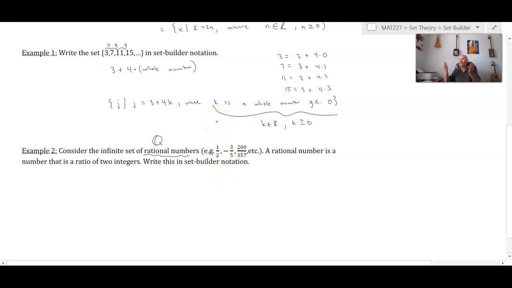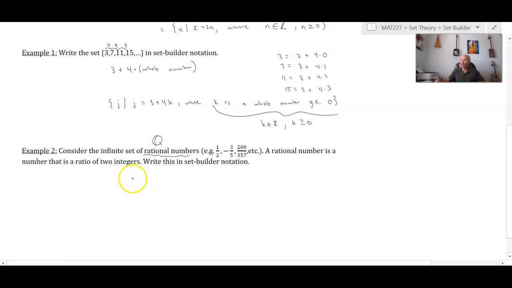And the problem is you can't even begin writing this set out because there is no first element in that set. And even between, say, 1/2 and 1/3, there are infinitely many fractions between them. So it becomes complicated to even list out the elements of this set. So from just this description, I certainly couldn't get a sense of what would be another element in this set. It's not concrete enough.